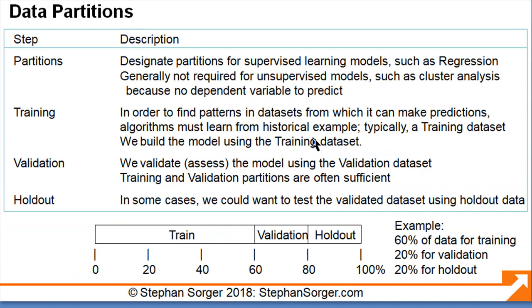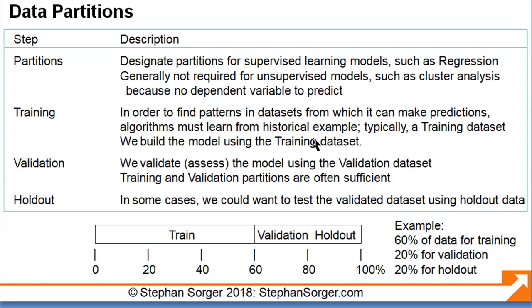Our final topic in this presentation is data partitions. We partition data for supervised models such as regression or classification so we can validate the model we build. Supervised models have a dependent value, also called a response value, which we wish to predict with predictive or explanatory variables, and we want to assess the validity of our model. We can't validate the data with the original data because that would lead to confirmation bias.